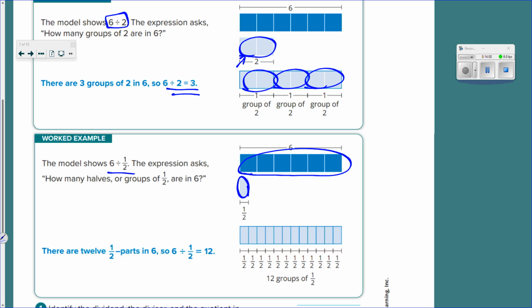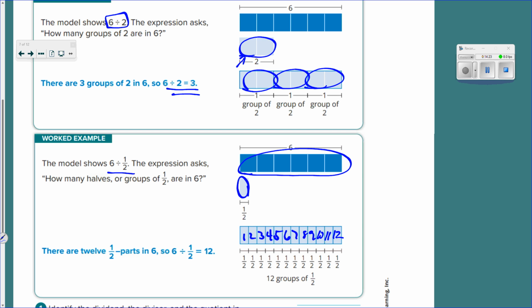Okay? So what that means is, for every whole, I'm actually getting 2 groups out of it. Because there's 2 1/2 and 1 whole. So everybody okay with that? But I'm doing that 6 times. So I now have 5, 6, 7, 8, 9, 10, 11, 12 groups. Does that make sense? Yeah.